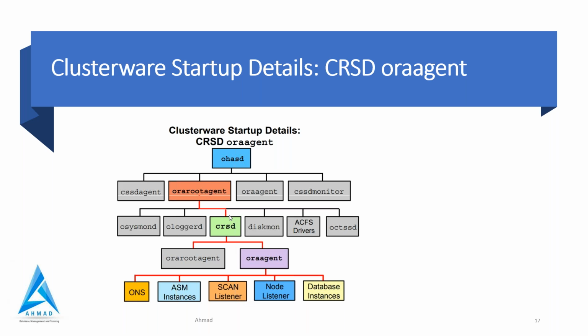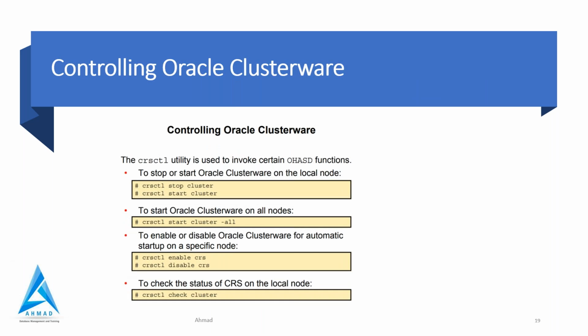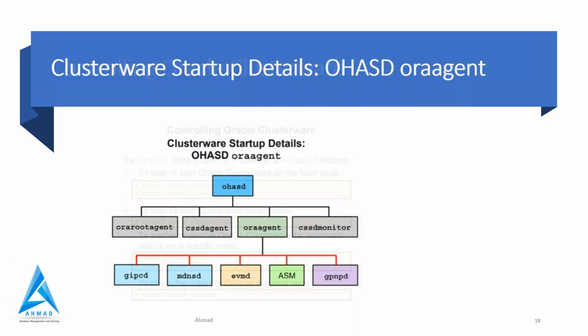Clear? And then the Oracle agent of OHASD will start GIPCD, MDNSD, EVMD, GPNPD, and ASM. So this is basically grid plug and play, event management, and ASM. Okay, and yes, this is the startup process.